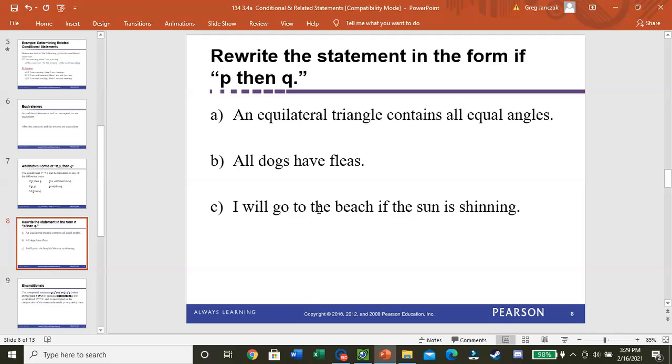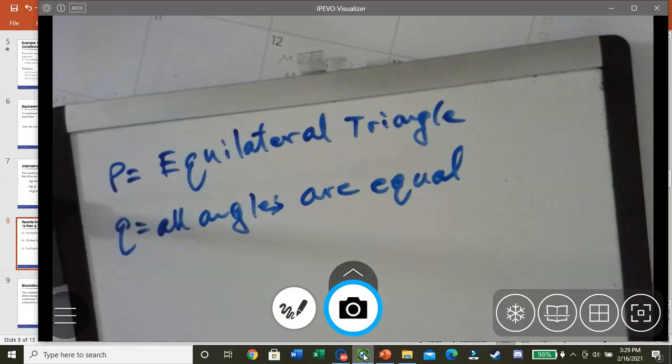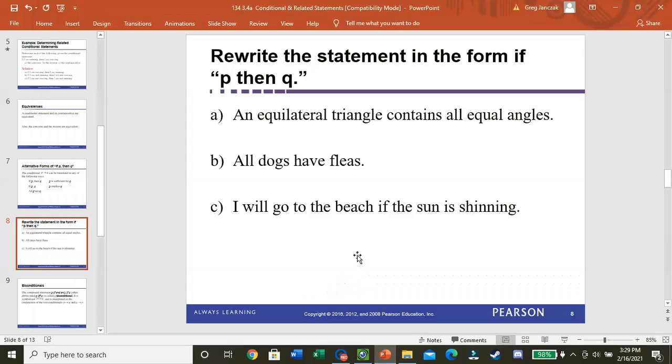Okay, so let's look at the board. So we want to rewrite this: all equilateral triangles contain all equal angles.